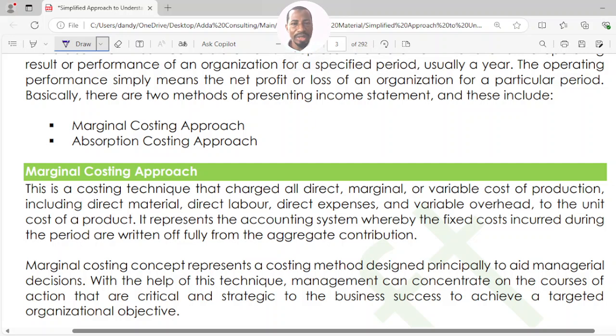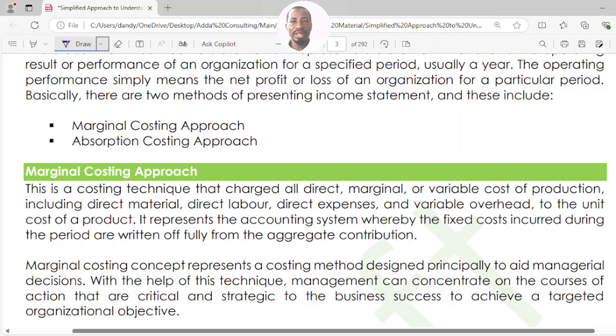So in the determination of the unit cost of a product, say for example you have a marker or a pen, you want to determine the unit cost of that pen or marker. Any cost that can be directly traceable or attributable or specific to the production of the marker is a variable cost. It is a direct cost, a marginal cost.